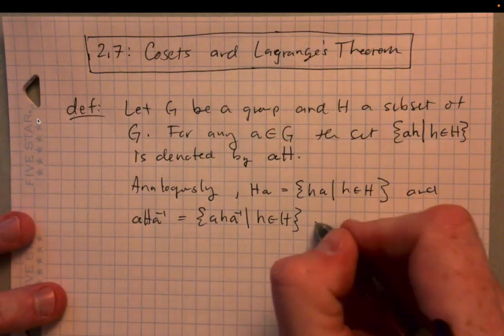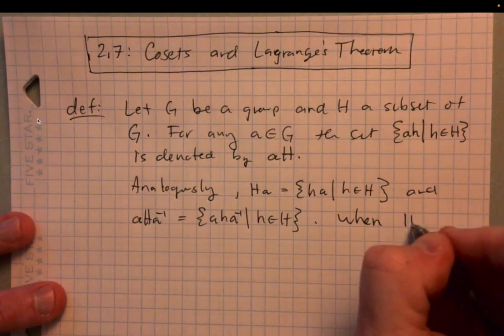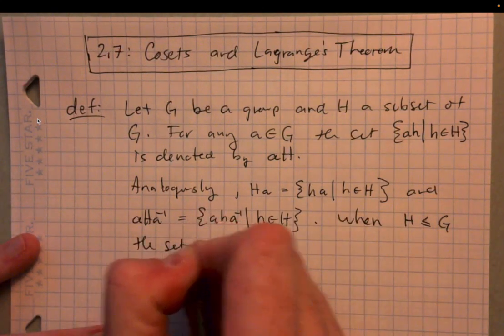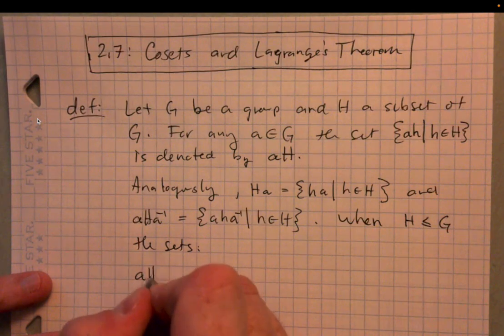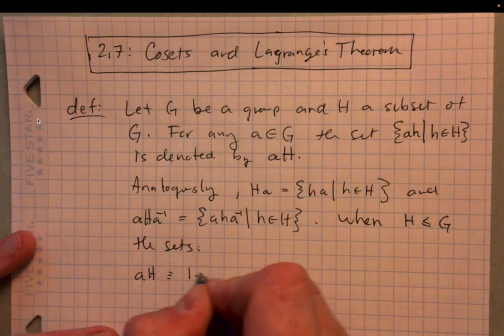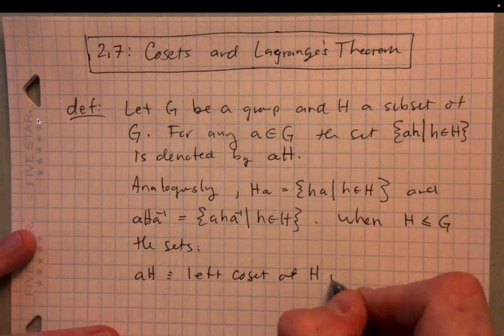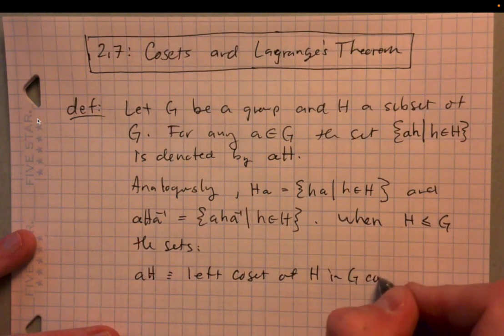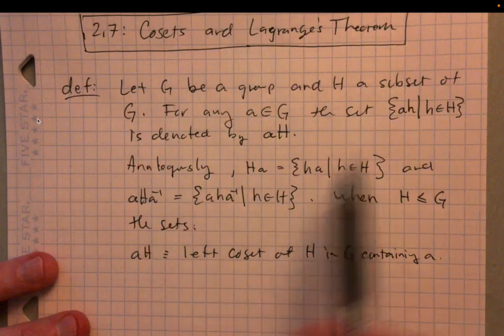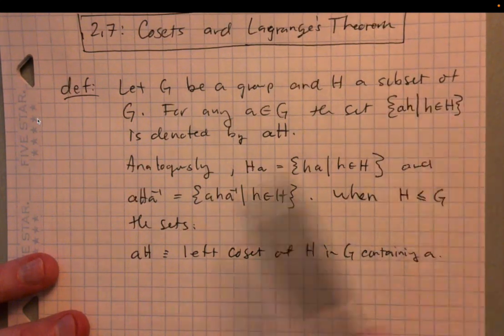Now, these sets, so defined, when H is a subset of G, the set A times H is called the left coset of H in G. Technically, we would say containing A. This would be the left coset of A, the one we defined at the onset, A times H such that H is in H. That's called the left coset.